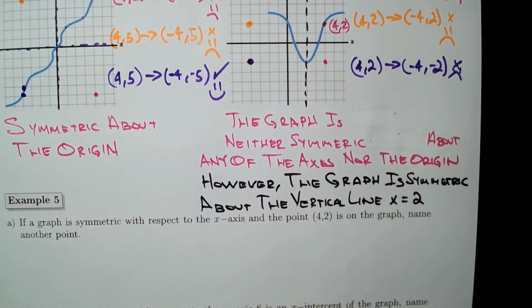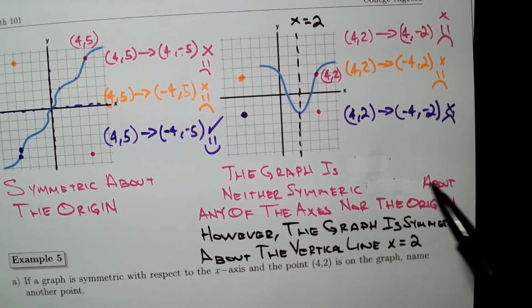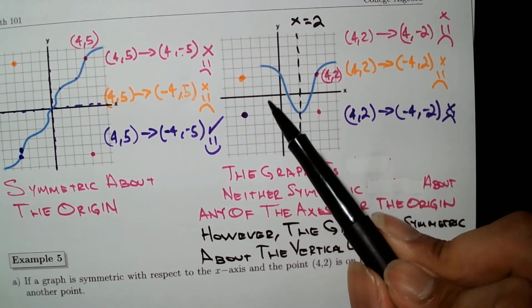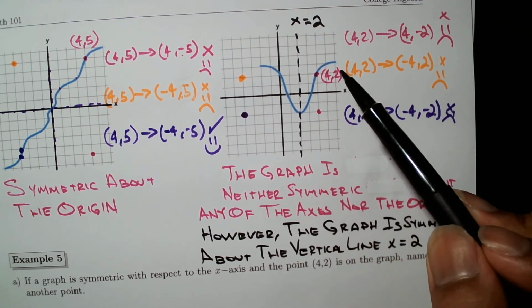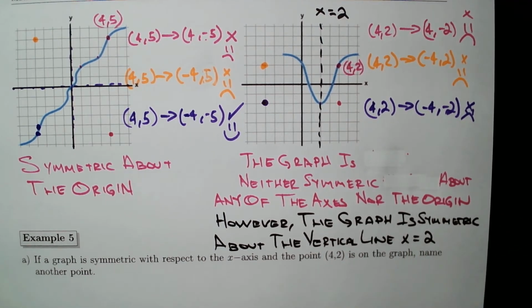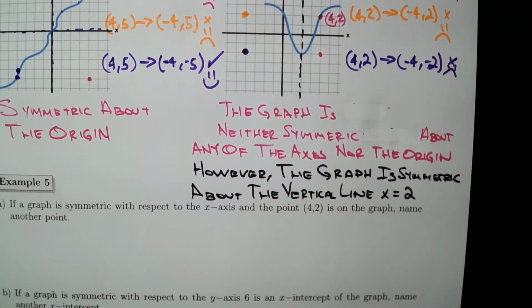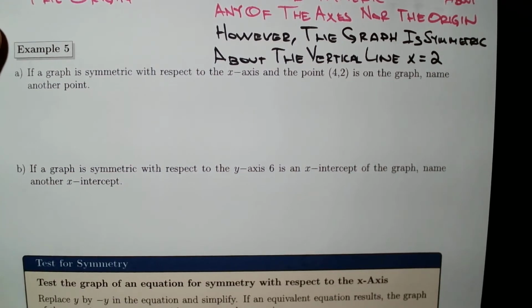Okay, so it's one of these tricky cases. In this case, it fails to be symmetric about either the y-axis or the x-axis, and also fails to be symmetric about the origin. Okay. All right. Another type of very classical question.